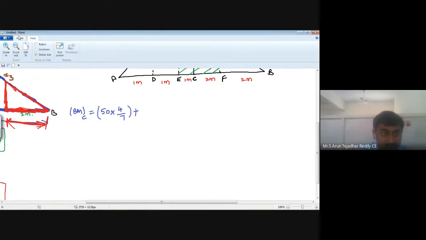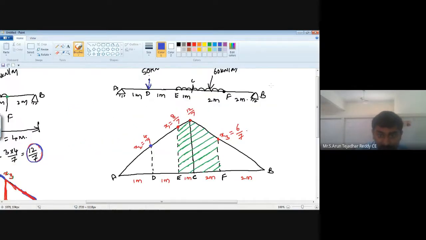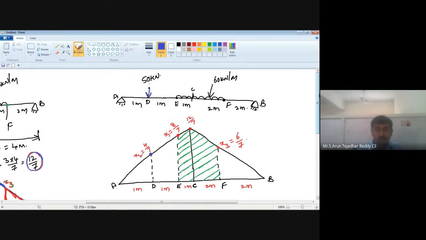Plus next to load is uniformly distributed load. Now we are calculating first to left portion, after that we'll go for right portion. So in the left portion, 4 by 7 ordinate with 50 kilonewton load completed. Next, so here we have a some area.